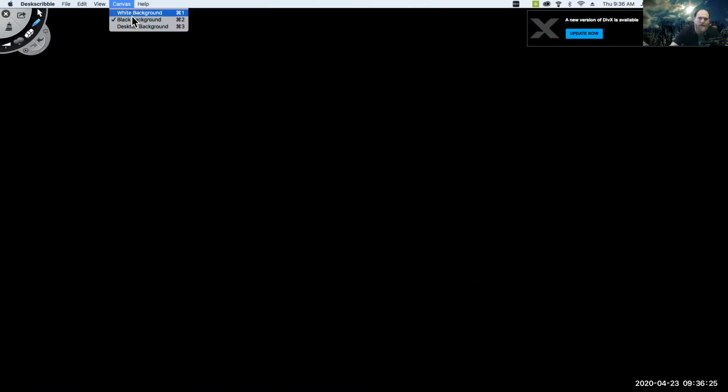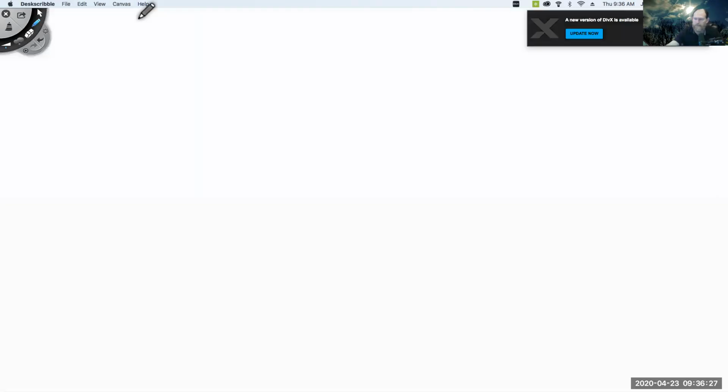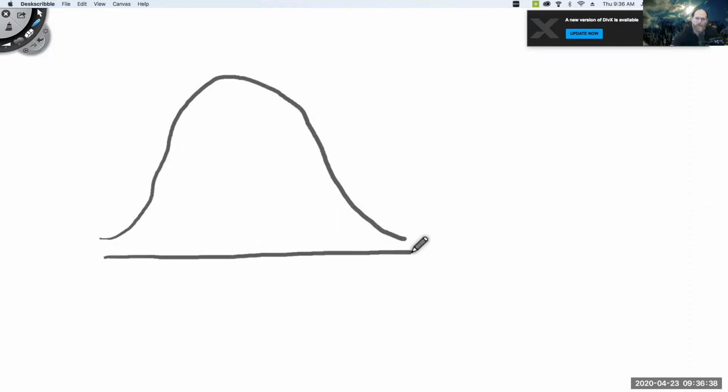So let's just briefly talk about how we determine Z when we're determining on a control chart. Let's say here's our normal distribution. And again, all of our control chart theory is founded on the normal distribution. We have the mean somewhere in the middle here.